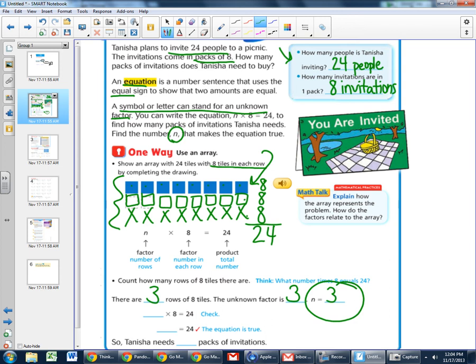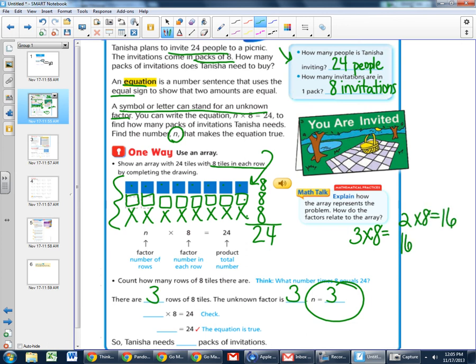Now you're going to check it and make sure that it makes sense. Because in this white space over here, you're going to do 3 times 8. You can use your strategy of knowing doubles. You know that 2 times 8 equals 16.